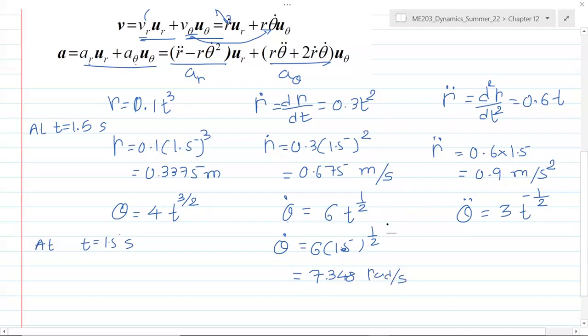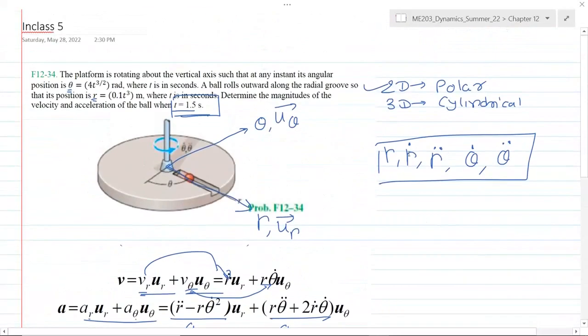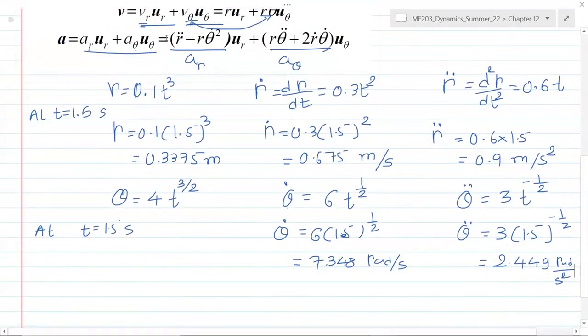Theta is measured in radians, so this is radians per second, and this is radian per second square. Theta double dot is 3 multiplied by 1.5 to the power minus 1 half, and that's 2.449 radian per second square. So we have calculated all the required parameters, and now it's time to substitute them in the formula.